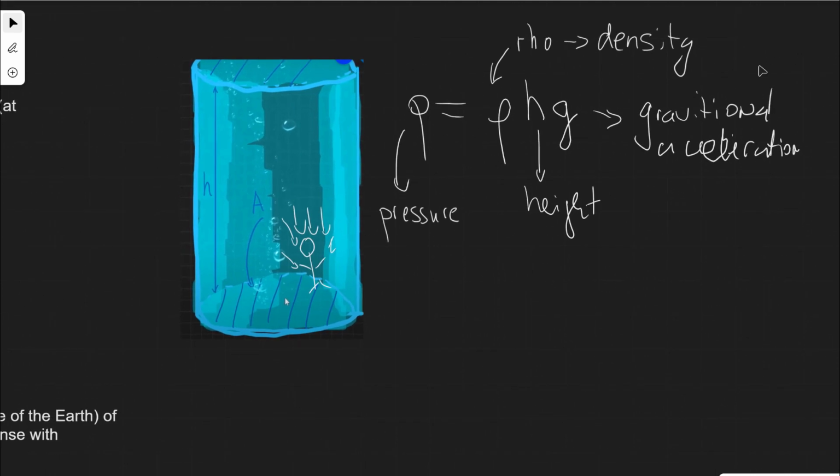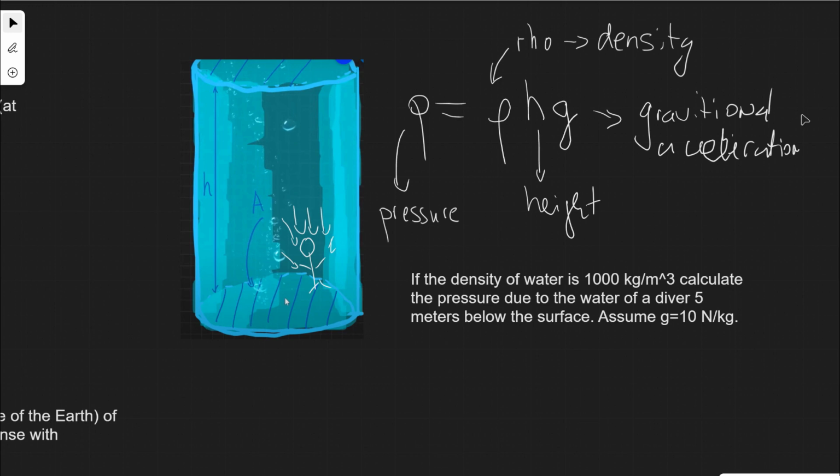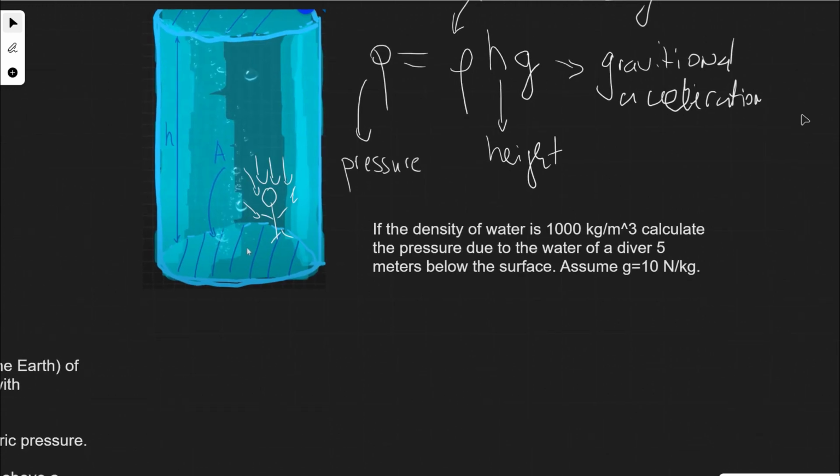Let's apply this equation to a sample problem. If the density of water is 1000 kilograms per meter cubed, calculate the pressure due to the water of a diver that is 5 meters below the surface. So imagining that this column of water is 5 meters, how many pascals of pressure would this diver actually experience? Well, the pressure is equal to the density times the height multiplied by g.